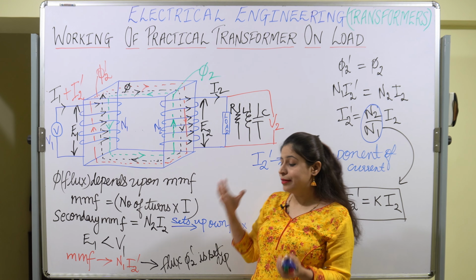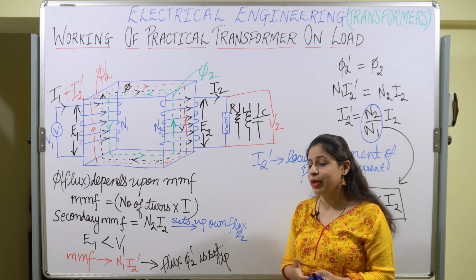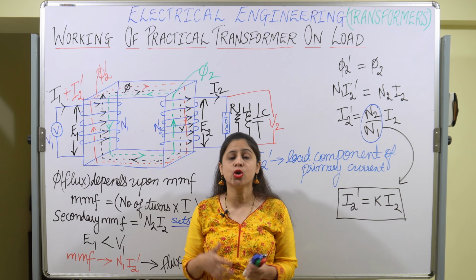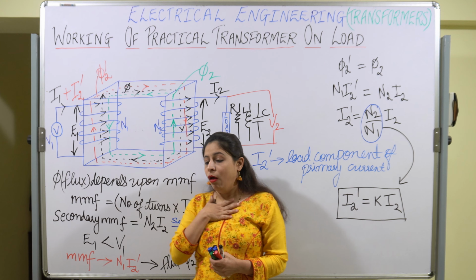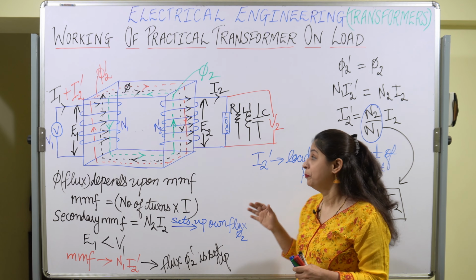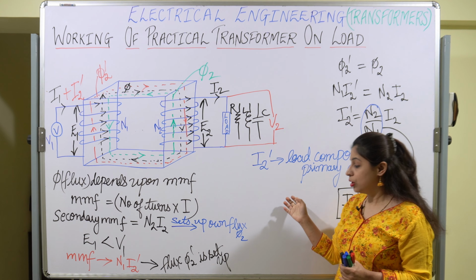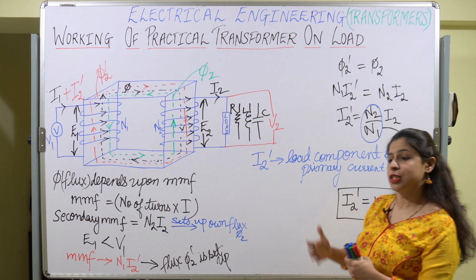Whether or not we consider the winding resistance and magnetic leakage in the transformer, the working remains the same. So this is all about the working of the practical transformer.